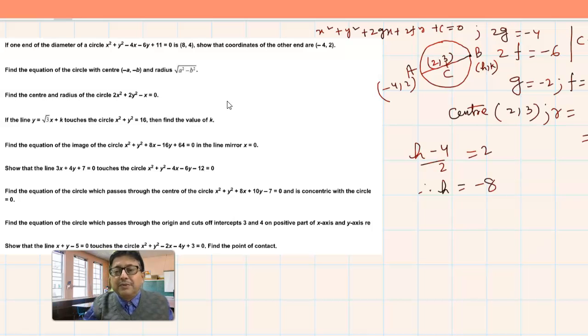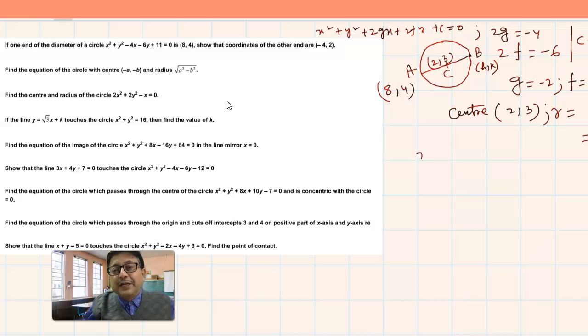Let us see why it is not matching. The 4 plus 4 is going to be plus 8. Sorry, one end is (8, 4), it is given. The other end is (minus 4, 2), we need to prove. So this is (8, 4). We have to prove that (h, k) is going to be equal to (minus 4, 2).